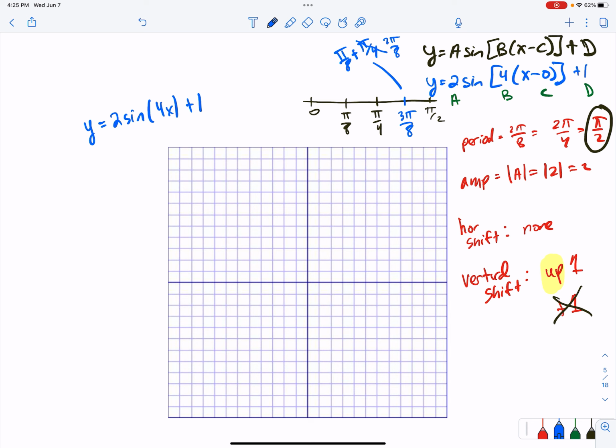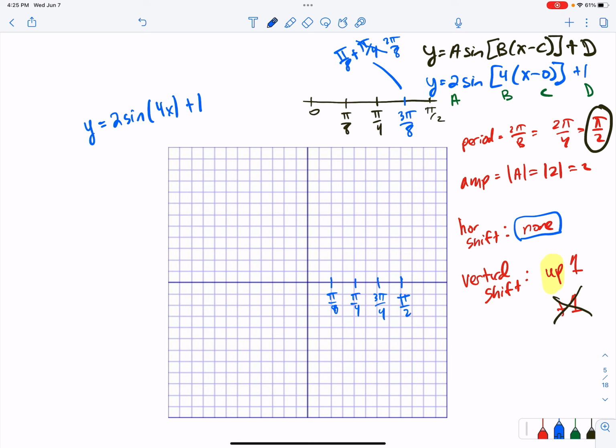So, all right, once we have that, since there's no horizontal shifting, those values are what's going to appear on the horizontal axis here. And I'll just do 2 grid marks for each section here. So this is pi over 8. This is pi over 4, 3 pi over 8, and pi over 2.